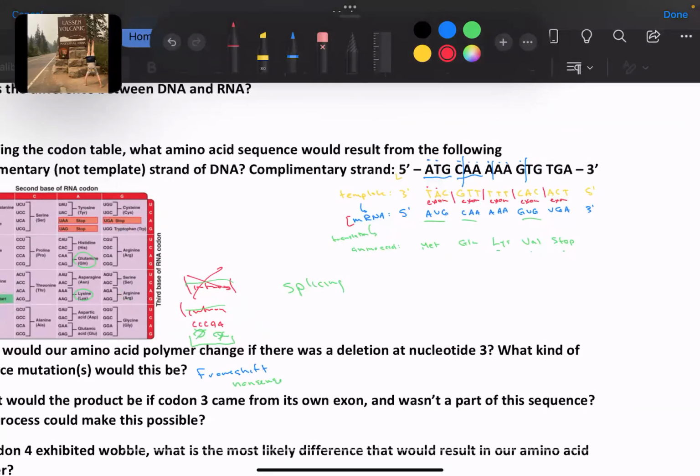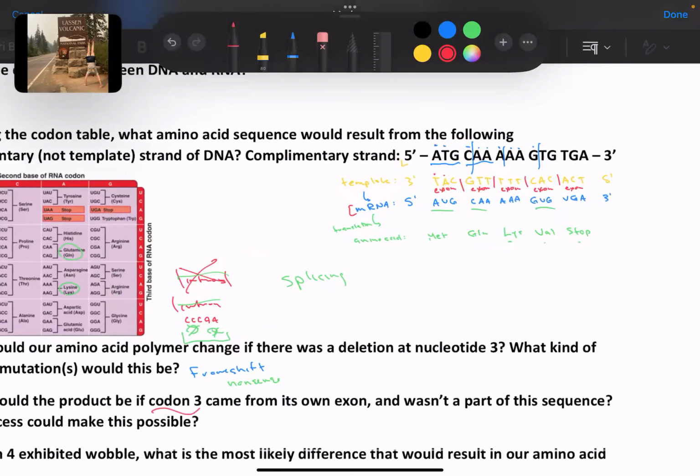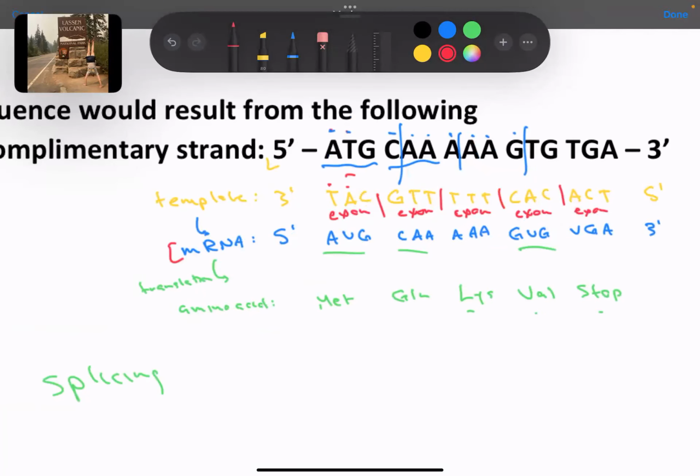Let's say that codon 3, and remember codons are groups of 3 individual nucleotides. So we have one codon here, one here, one here, one here, one here, because they're all made up of 3 nucleotides. So let's say codon 3 here was its own exon.